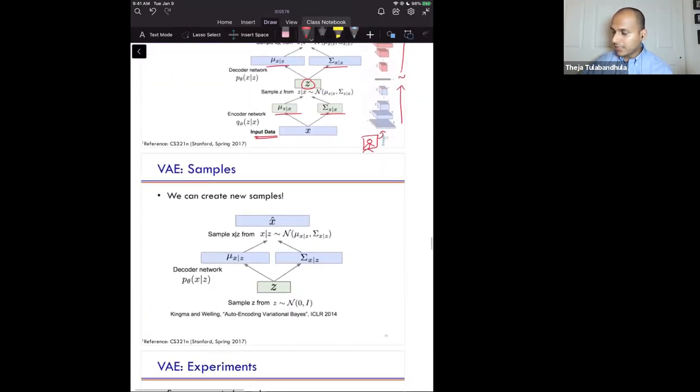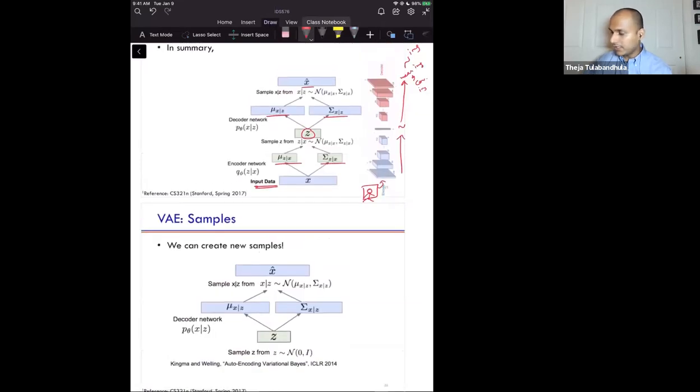But once you have the parameters, you just focus on the decoder only. So you go from z all the way to x hat. The way you do it is sample z from the normal with mean 0 and identity covariance matrix. That's what we assumed we preferred. From the Gaussian distribution, we pass it through our decoder network, the deconv network.